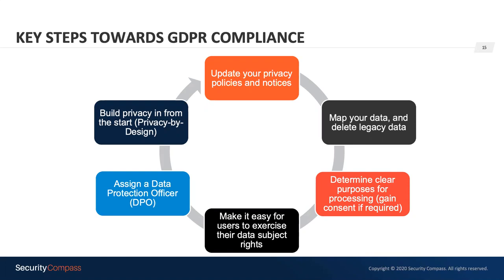So first is to update your privacy policies and notices. So your privacy policies, both internal and public facing, should be documented and shared across business lines. This helps make sure that personal data can only be accessed with the proper rights based on the nature of processing and the usage context.